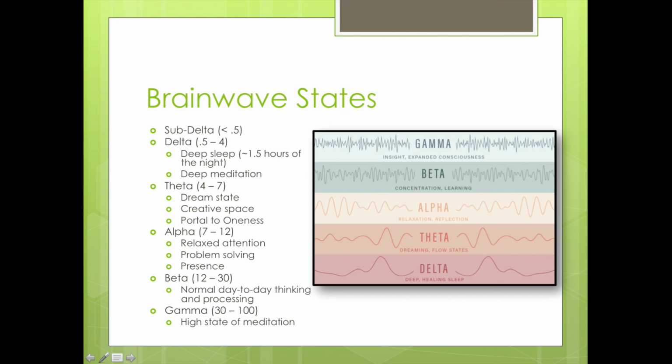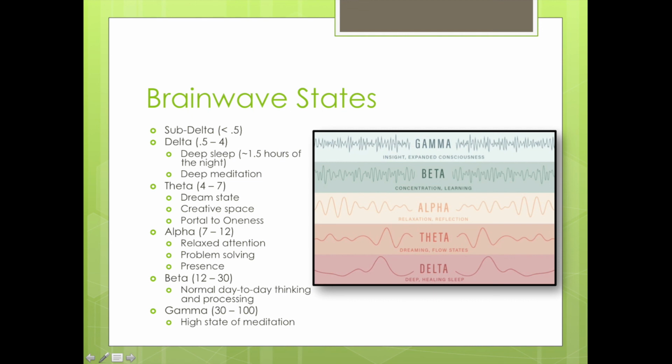Fun fact, the brain's sodium-potassium levels are reset during theta, which supports transportation of chemicals in and out of brain cells and helps in eliminating mental fatigue. We then have the alpha state, which ranges from 7 to 12 cycles per second.